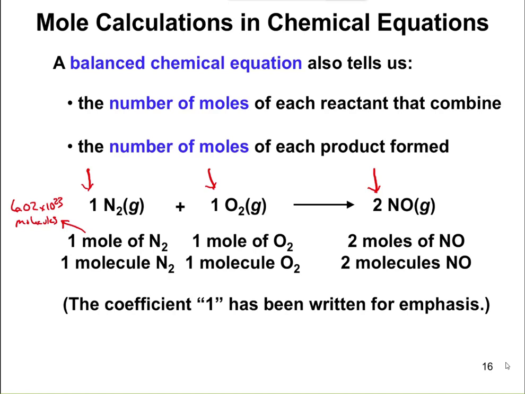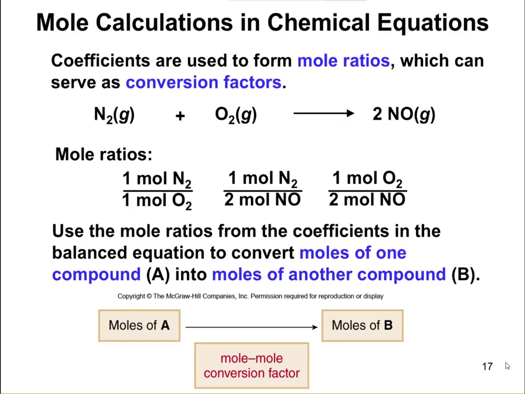All right? So those coefficients allow us to come up with more conversion factors to convert from one molecule to another. In other words, looking at this line here, we can say these mole ratios: for every 1 mole of N2, there's going to be 1 mole of O2 used.